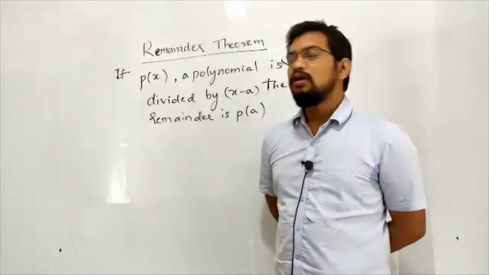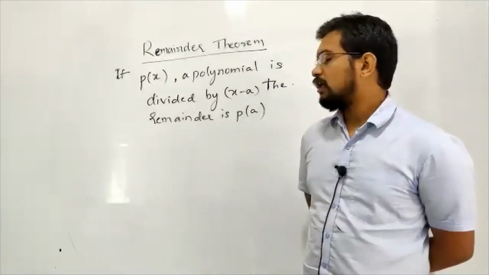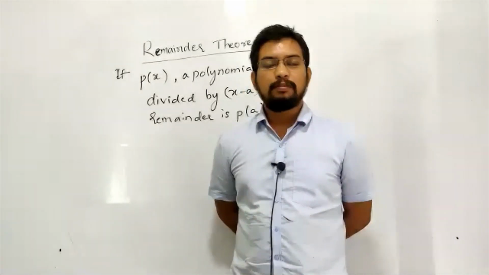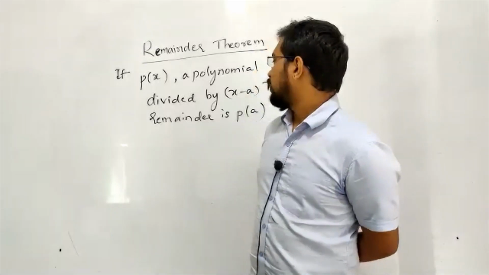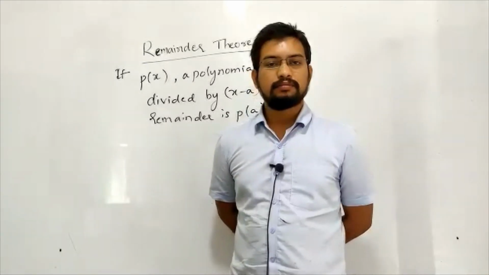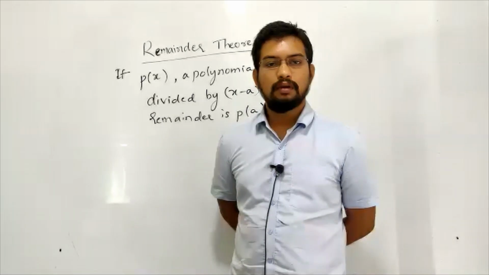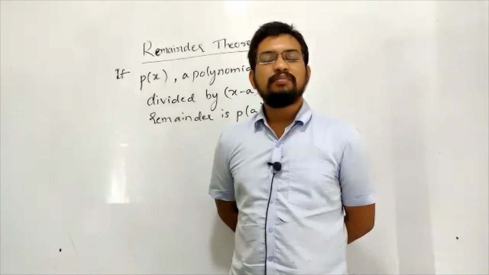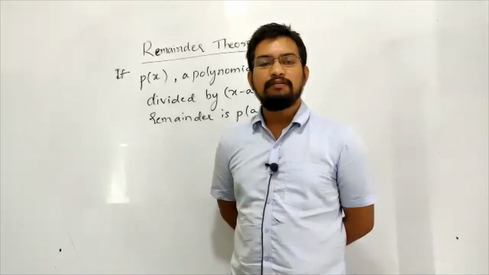If this polynomial is divided by x minus a, then the remainder will be p of a. So this is the basic remainder theorem which you might have been aware of.